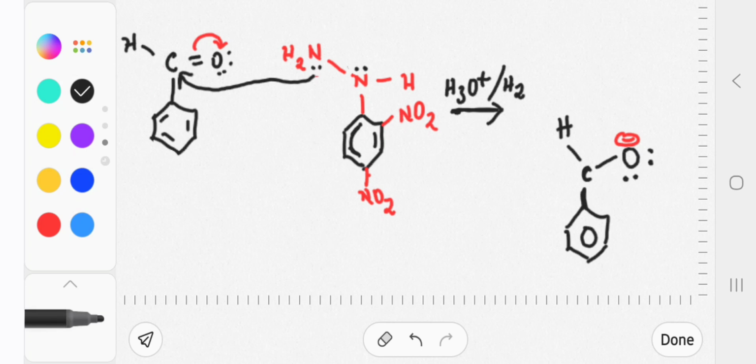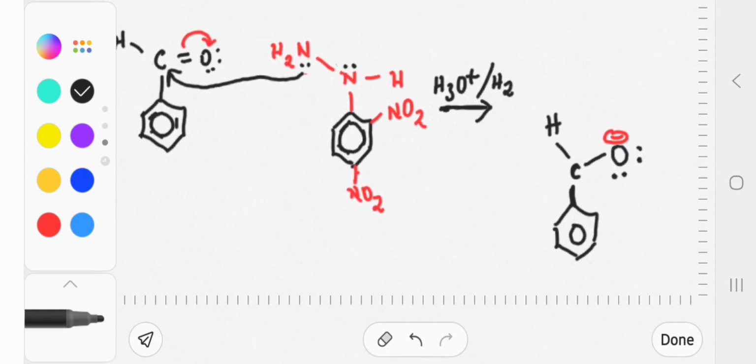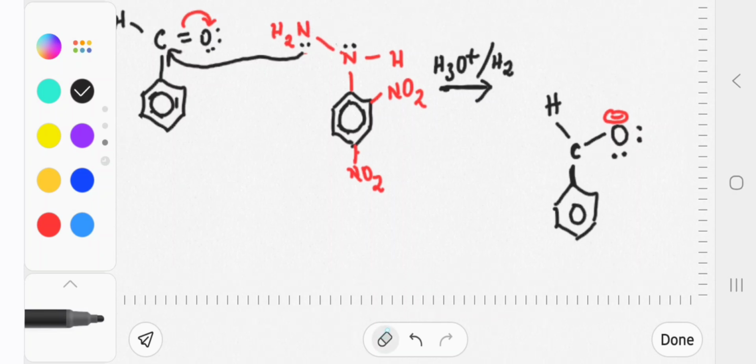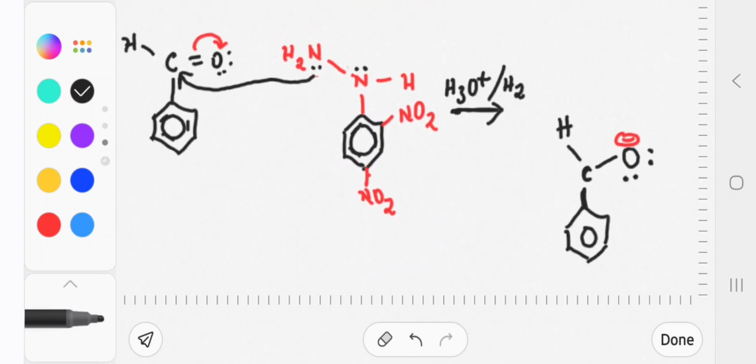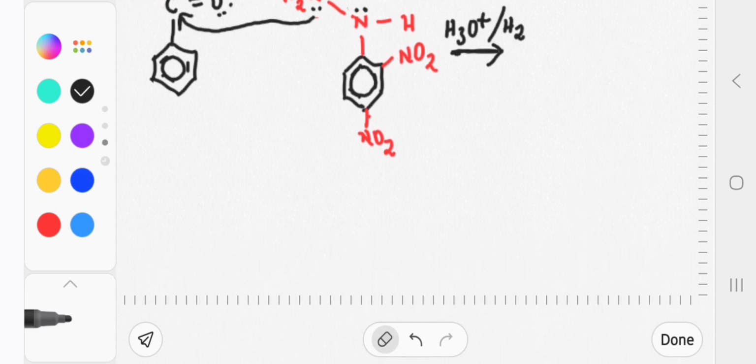You can choose to represent it this way for convenience, because there's no delocalization. Once I have that, remember this nitrogen over here is coordinating with the carbon here. So let me wipe here off and start from here to make it clear enough. So let's have it drawn here.